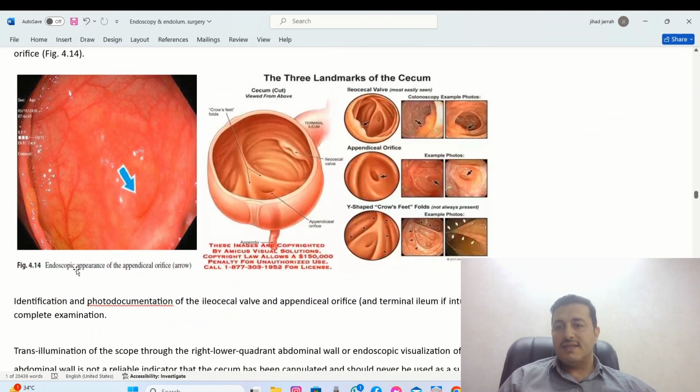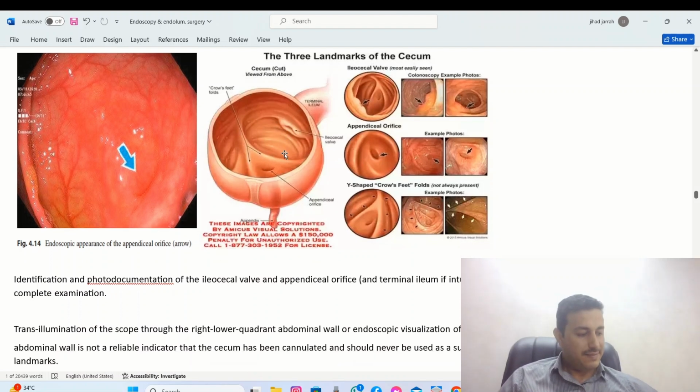Again, this is the endoscopic appearance of the appendiceal orifice. This is the appendix, this is the crowfoot, and this is a lipomatous fold in which we have the ileocecal valve.